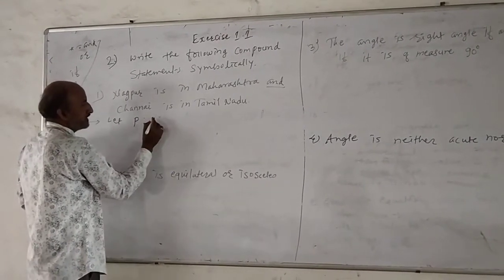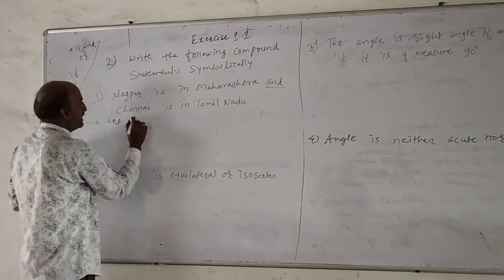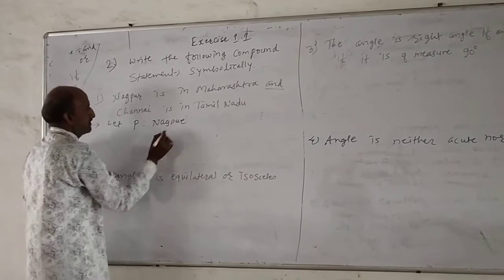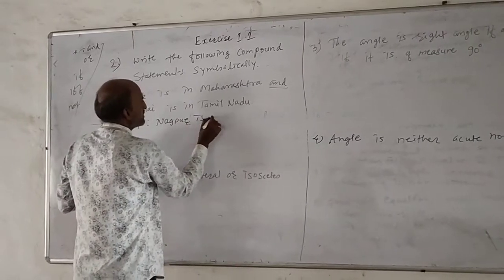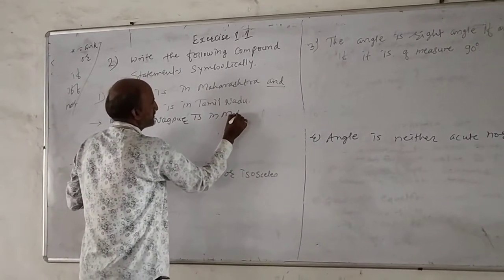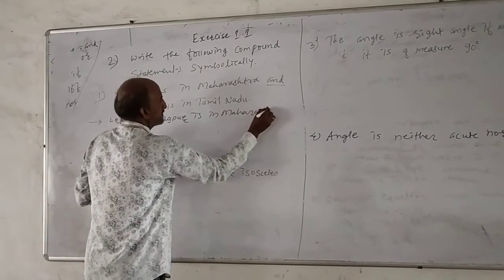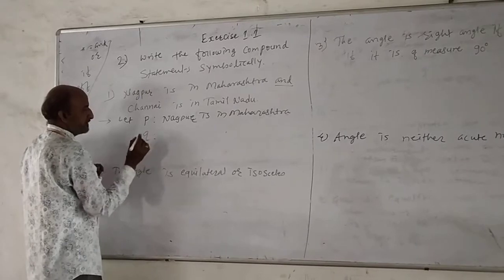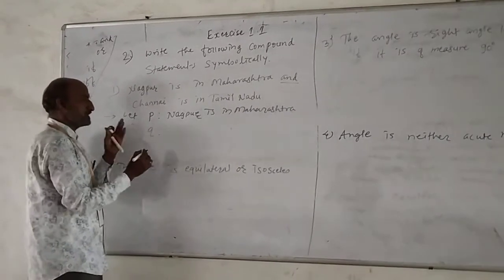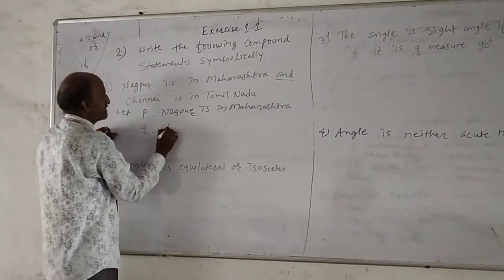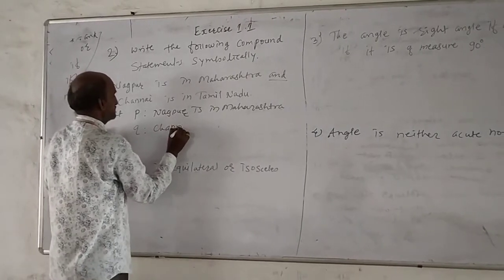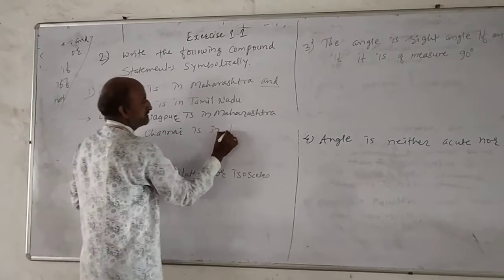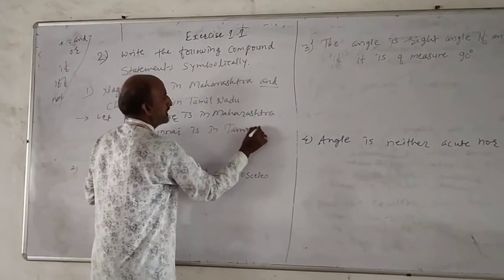Let P be statement number 1, that is Nagpur is in Maharashtra. Second statement, consider Q as the second statement, that is Chennai is in Tamil Nadu.